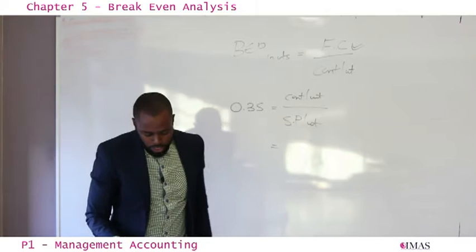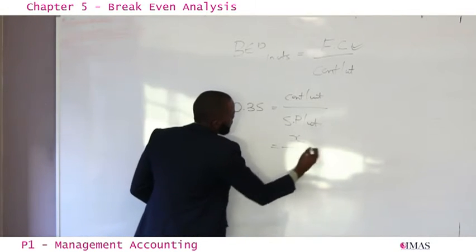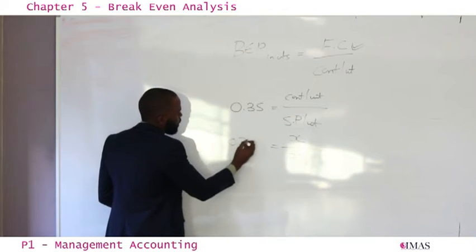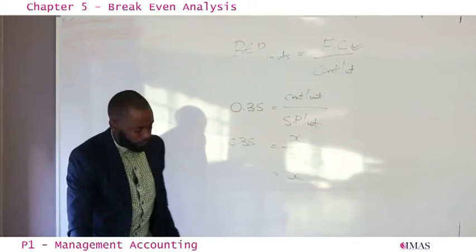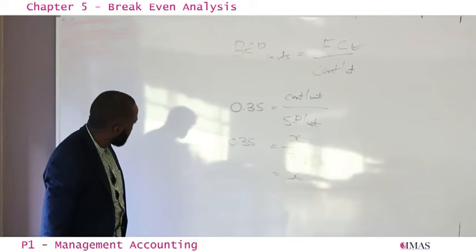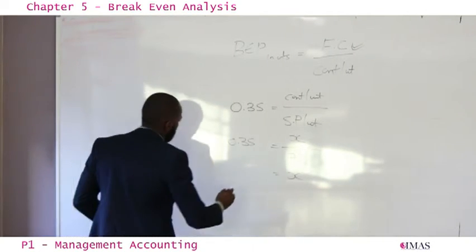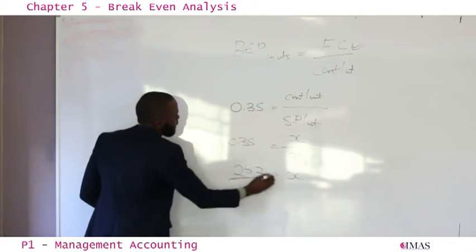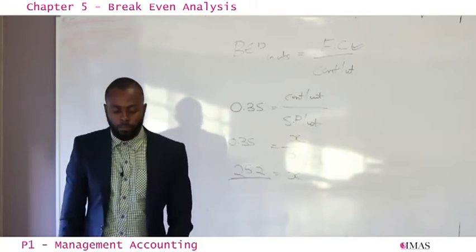So in that question we're given selling price per unit, 72. So we say X is equal to 72. X divided by 72 is equal to 0.35. Therefore we get our value of X. Our value of X will be 72 times 0.35. So the contribution per unit is 25.2. That's our contribution per unit, 25.2.